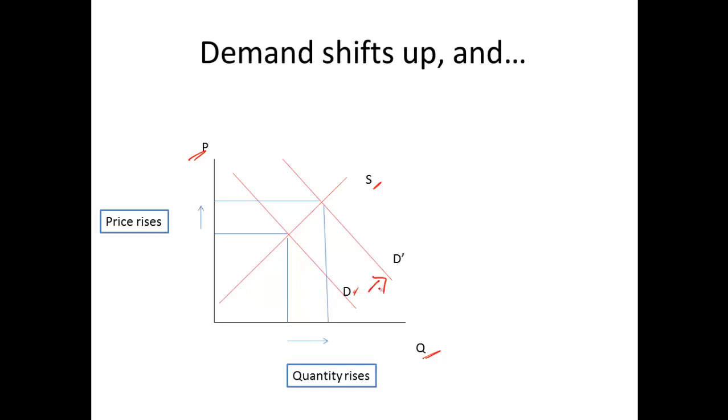Now when that happens, we go from the original equilibrium, which gave rise to this quantity and this price, to this equilibrium here, which has a higher quantity and a higher price. So the impact of this ethanol subsidy on this market is to raise the quantity consumed and to raise the price.